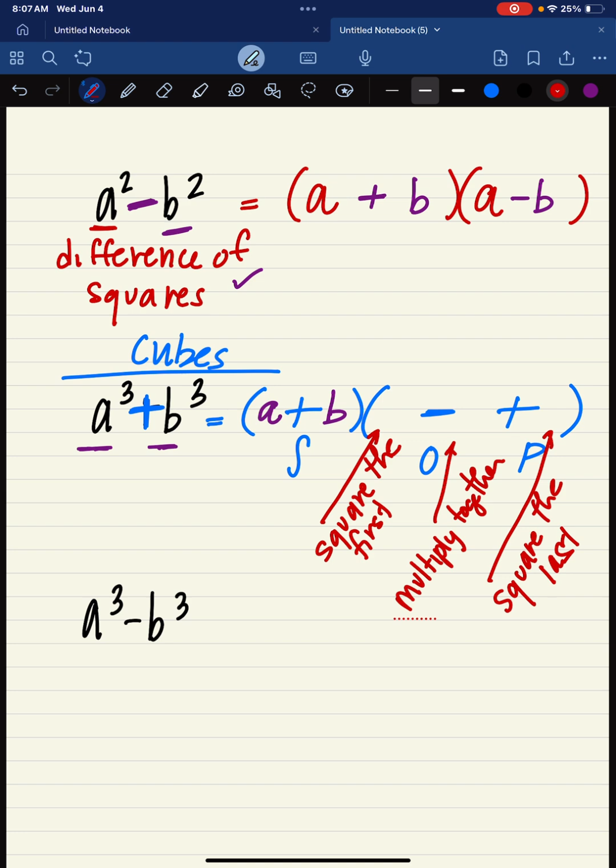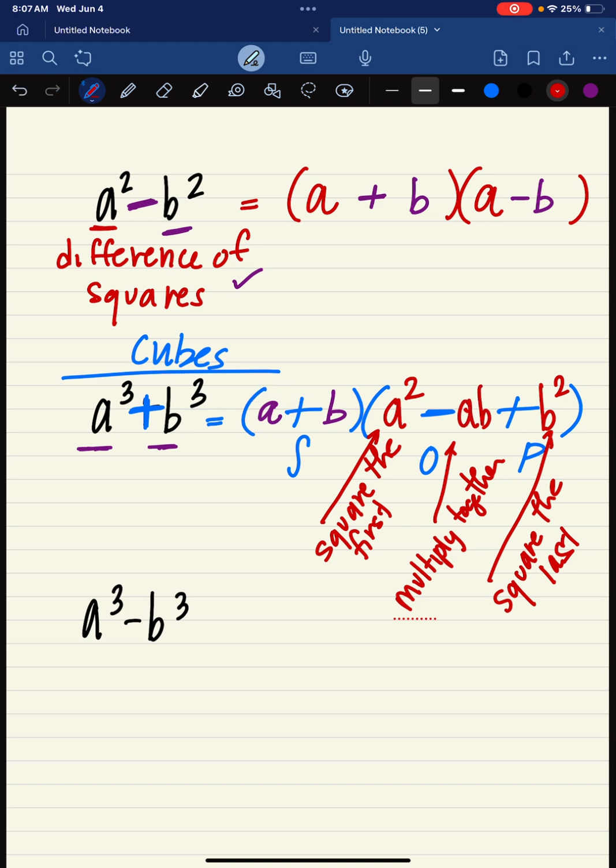Okay, so when I mean first, I'm going with this purple number here. I'm going to square this number right here. So when I square that number, I'm going to get a squared. Well, then I'm going to square this number, b squared. And then I'm going to multiply these two right here together, ab. That's how it works.